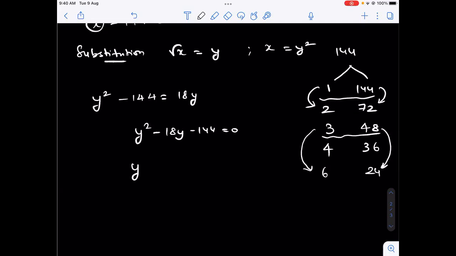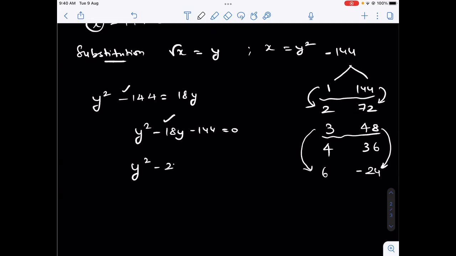Now check the middle term. Which one will satisfy? 6 and 24, because you have minus 144 and the middle term is negative. Out of 6 and 24, to which term should I give negative sign? I should give it to the bigger number because the middle term is negative.